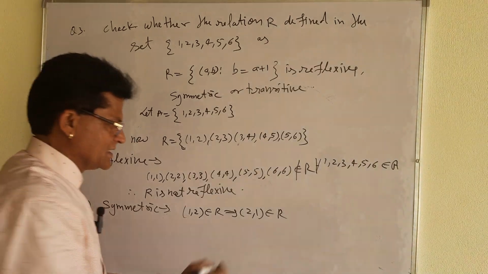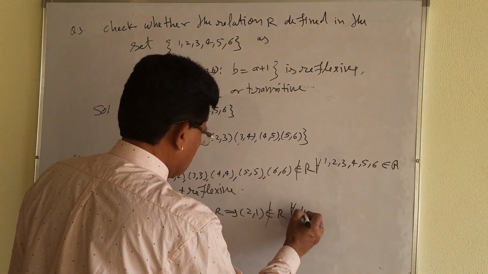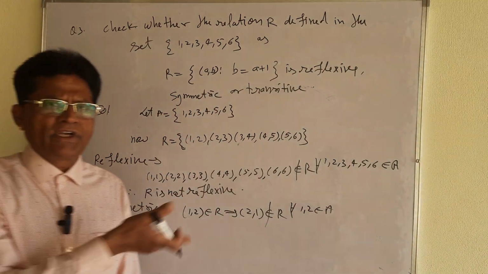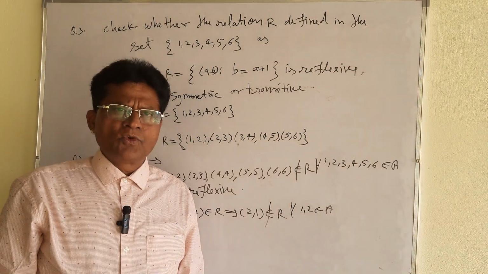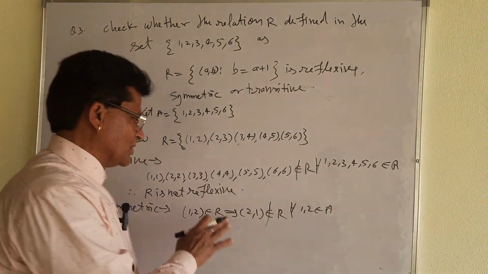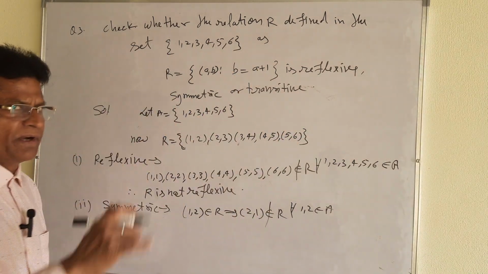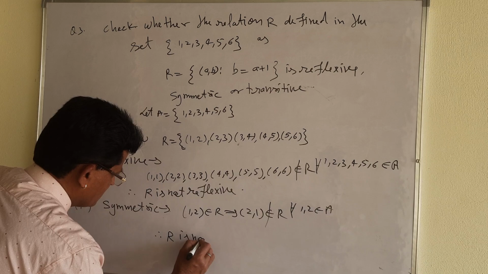Not there. What does it mean? I think one condition is more than sufficient, no need to prove other conditions. Because (1,2) belongs to R and (2,1) does not belong to R, this relation is not symmetric.